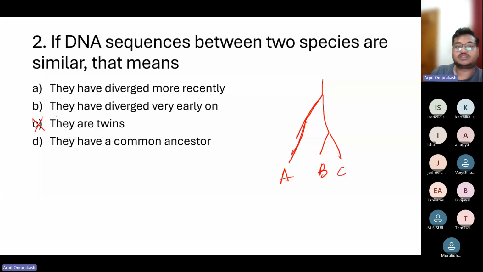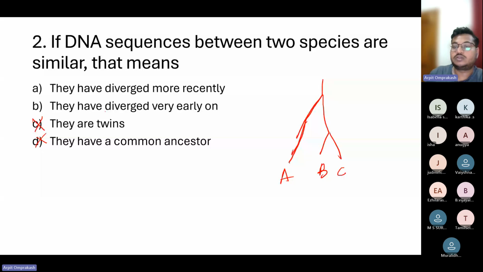They have a common ancestor. Yes, they might have a common ancestor, but if the DNA sequences are similar, that does not necessarily mean they have a common ancestor. It might have come about from different places also.